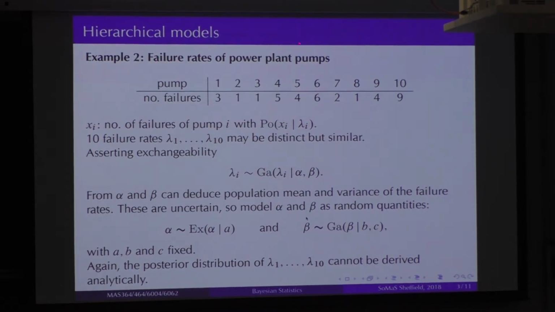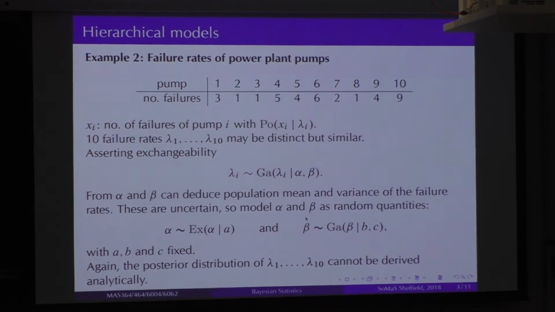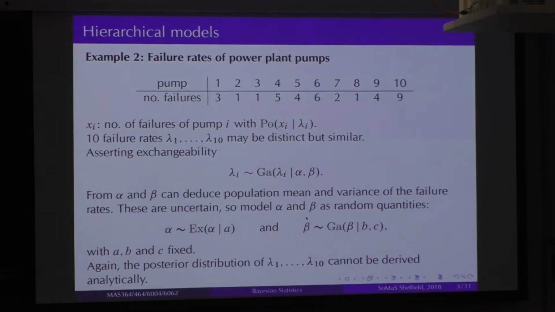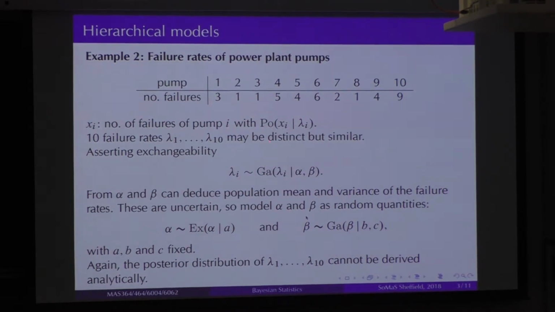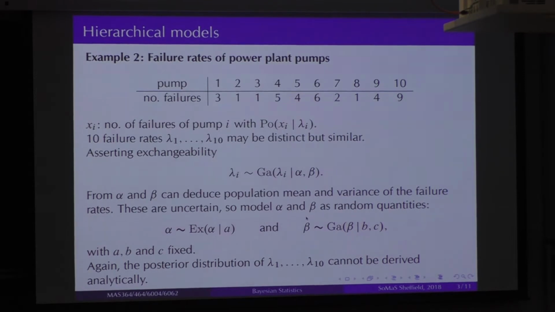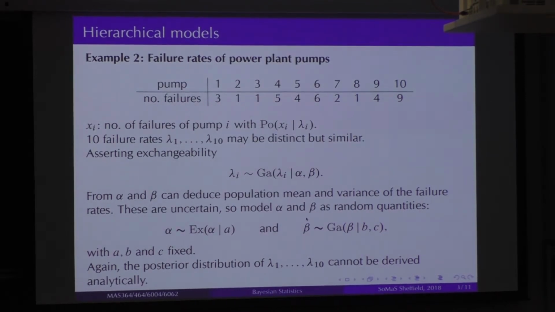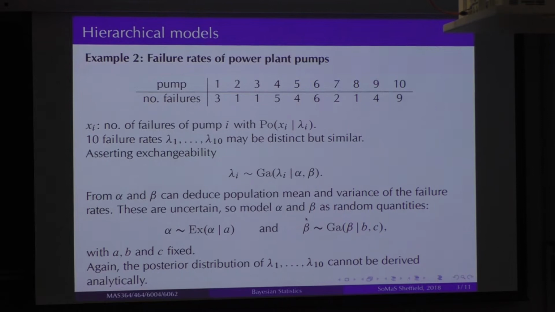And obviously if the pumps fail, we have a problem. So we would like to understand how these pumps may fail, the rate of failure of the pumps. We gather data on the number of failures of each pump for a determined period of time and record those, okay? So we have now 10 pumps and this number of failures for each one of them. So first thing, we need a model for the data.